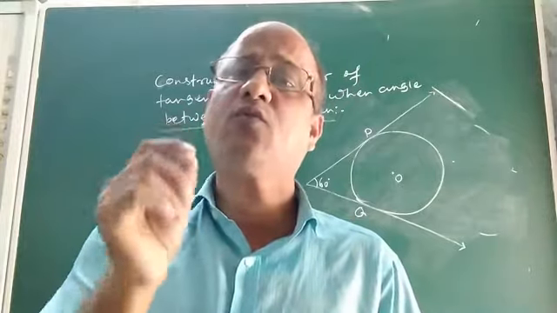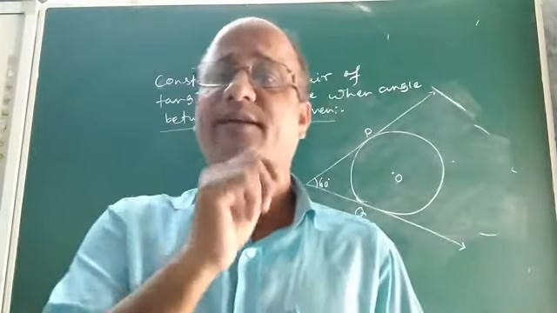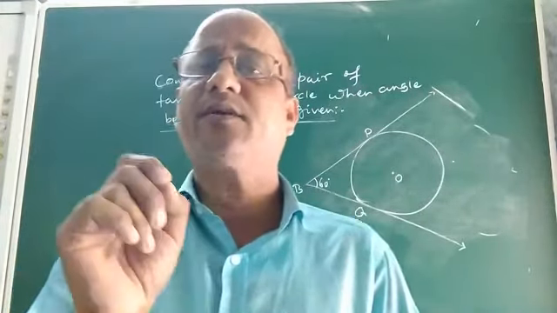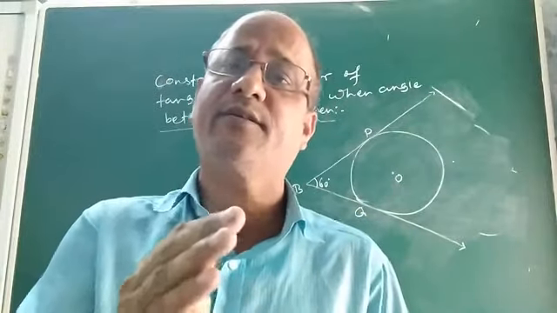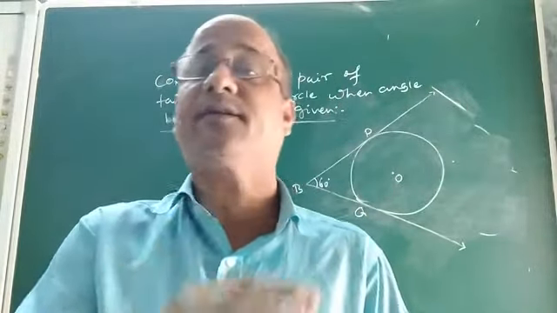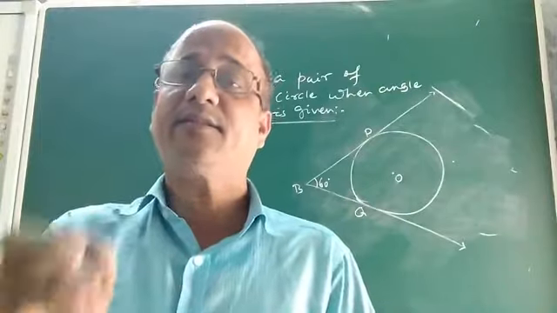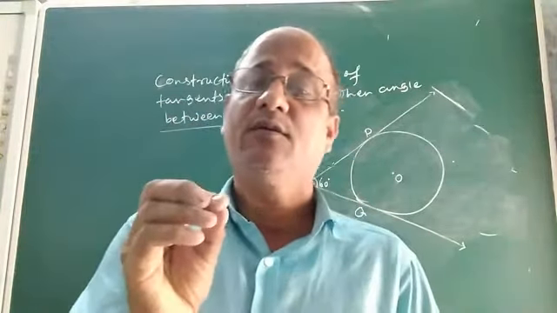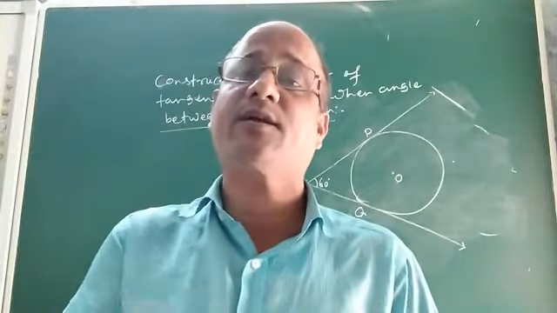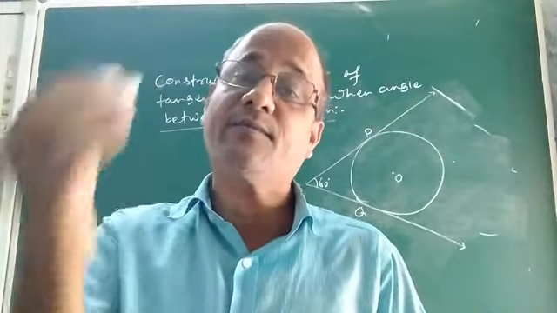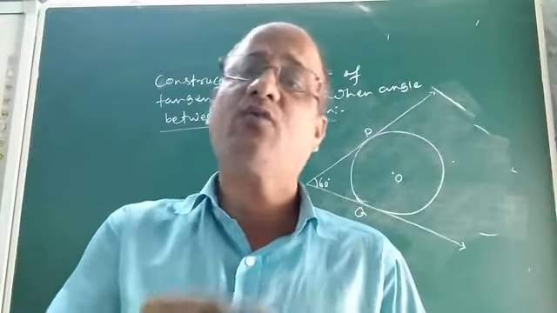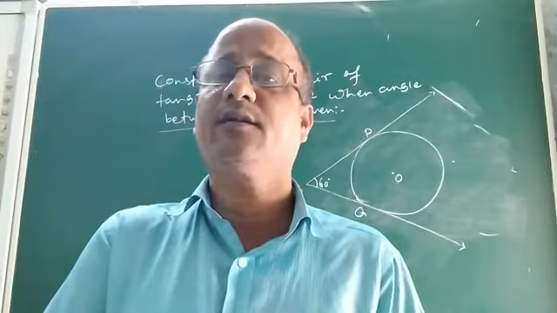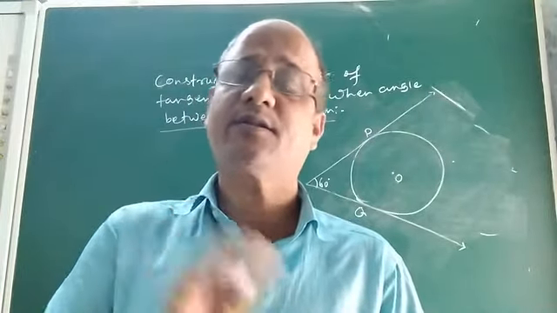Then I discussed how to construct a tangent to a circle at a given point, if the center is given and if the center is not given. That means if the center of the circle is known, then how to construct a tangent to a circle at a given point, and if the center of the circle is not known, then how to construct a tangent to the circle at a given point. It was discussed.